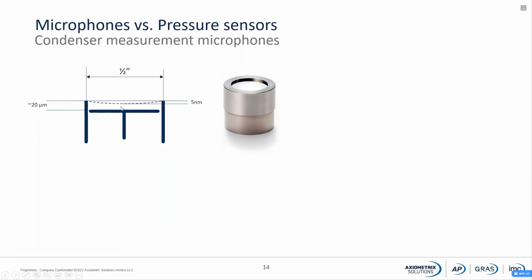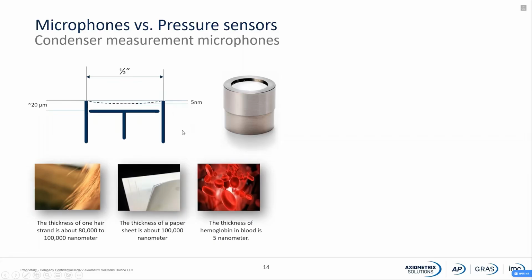So the air chamber is very small in here. Then the elasticity or the variation of the membrane is even smaller. It is 5 nanometers. So that is the distance it is actually vibrating with.